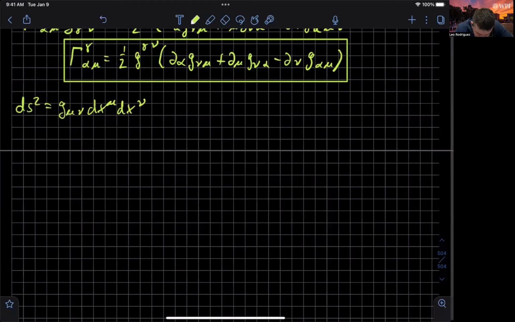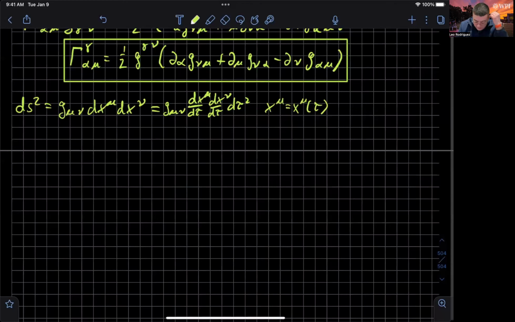And what I want to do is just rewrite this in terms of an affine parameter again. So I'm going to say my coordinates x mu are functions now of an affine parameter. And so I can write this as g mu nu dx mu d tau dx nu d tau squared.